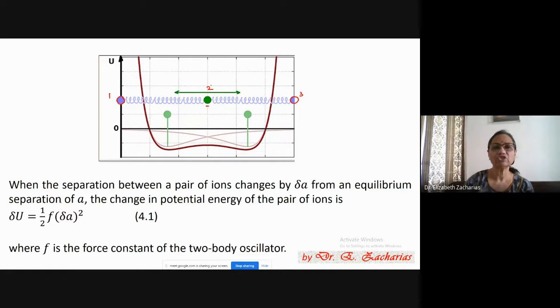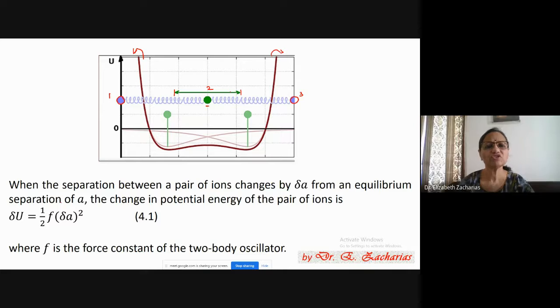In other words, ion 2 is trapped between the potentials of 1 and 3, in a well of this form. Unless it has the energy to jump over this, it cannot break loose, so its motion is confined here only. Is this point clear, guys?